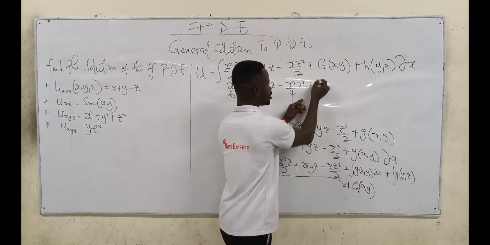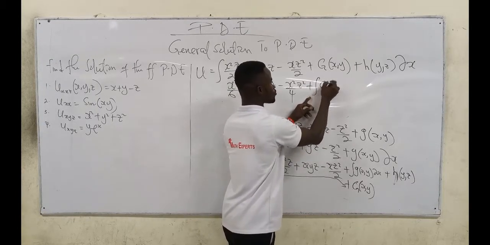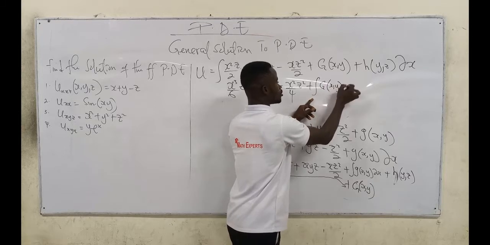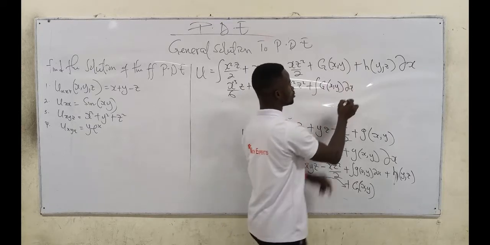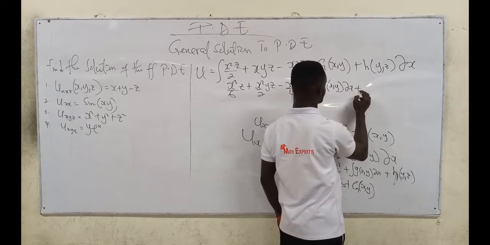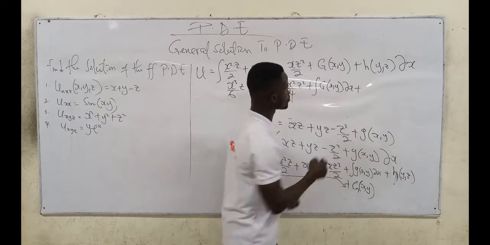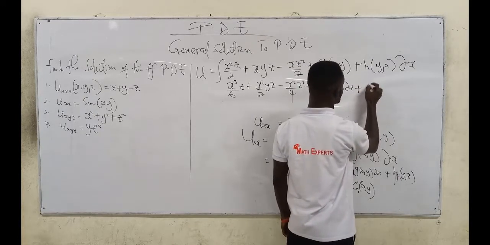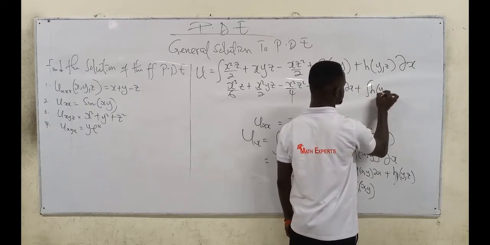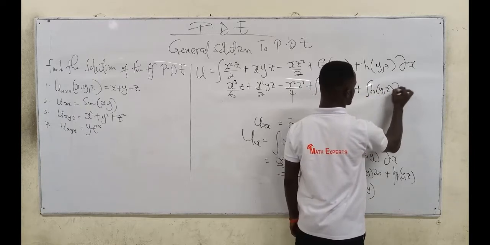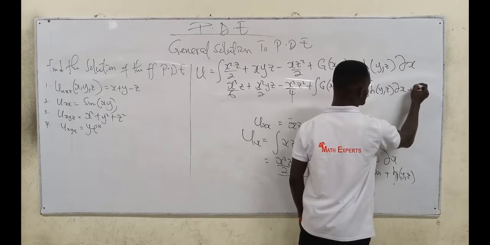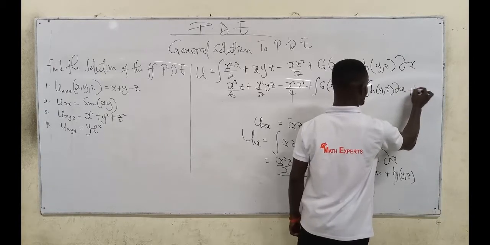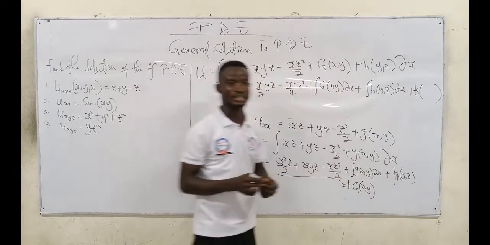So here, it's going to be the integral of another integral with respect to s plus, please, what is going to be the, let's use k, what is going to be the constant?